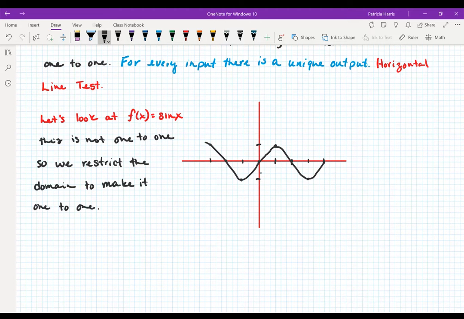The easiest place to restrict it is right in the middle.